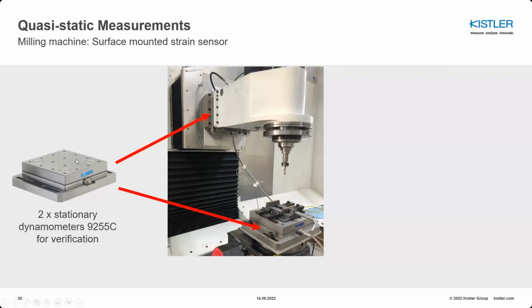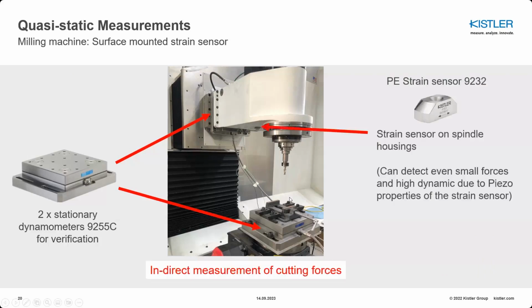You can see that it's integrated in the machine spindle on the backside, but it can also be installed below our workpiece. We are using exactly the same sensor type, a piezo strain sensor that we put in certain positions with Kistler know-how, in order to detect small tool cutting forces happening in the milling operation.